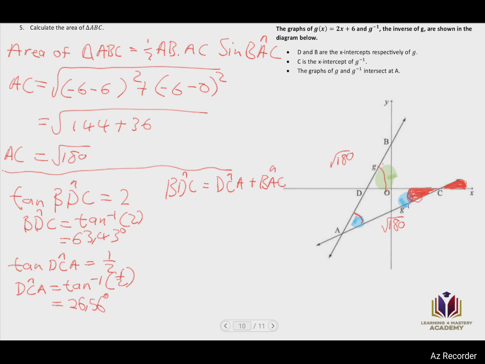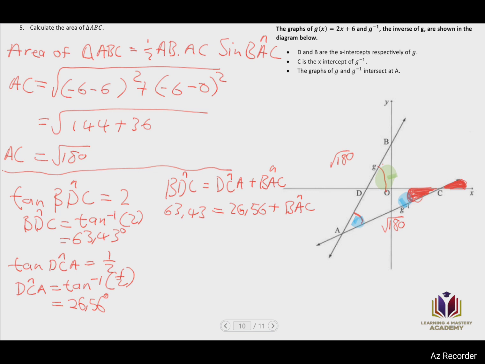Okay, this is 63.43 equals 26.56 plus BAC. I transpose the 26.56 to the other side. It's going to give me 63.43 minus 26.56.